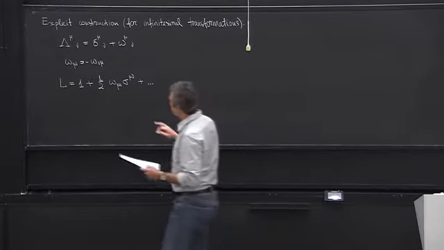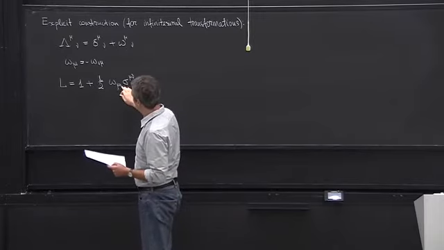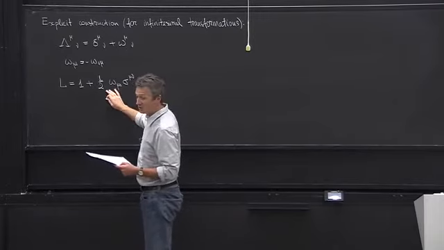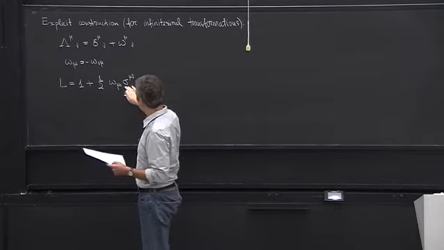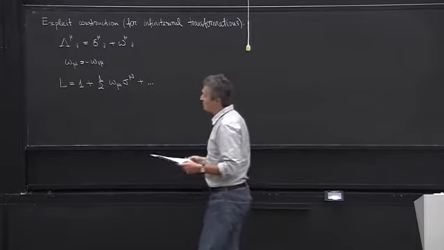Anyway, what we want to achieve here is to substitute this for L in the equation, linearize in omega, then equate the left-hand side and the right-hand side.